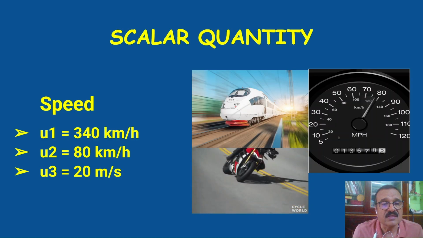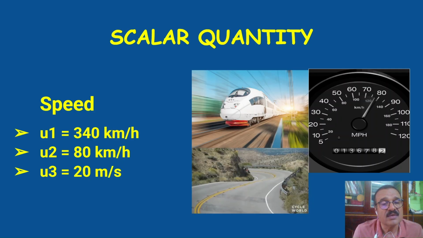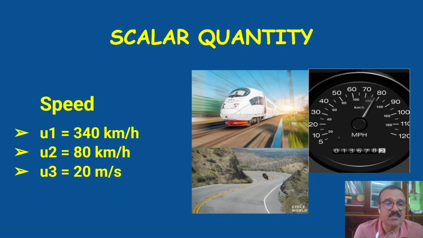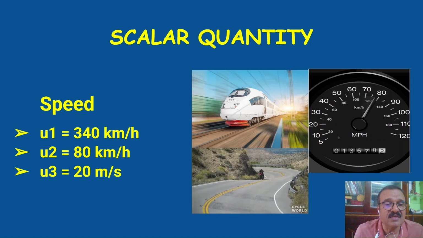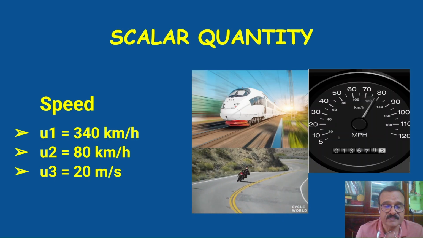Here 20 is the magnitude and meter per second is the unit. 20 meter per second means this particular object or even bike moves 20 meters in 1 second.